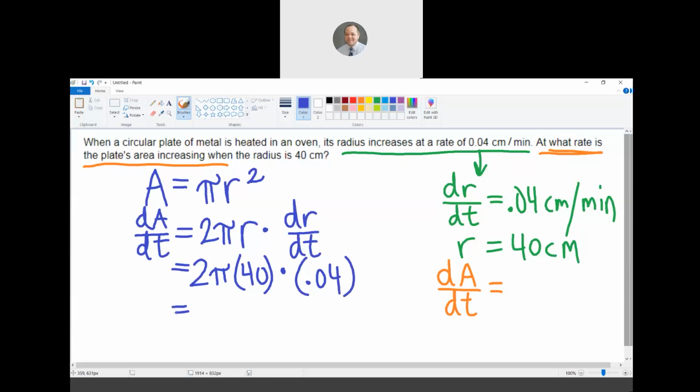Now, when we multiply everything together, we get 3.2 pi for our answer. And that will probably be square centimeters per minute.